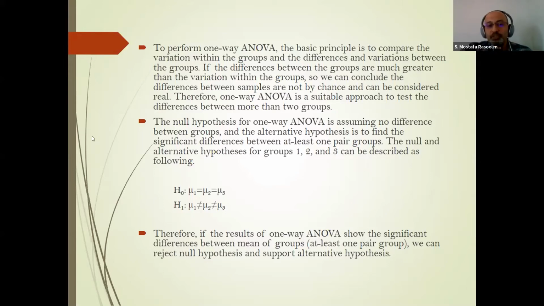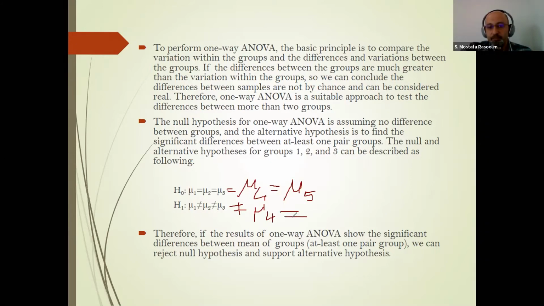Here is for 3 groups. If we have more than 3 groups, this will be equal mu4 equal mu5 if we have 5 groups. And this will be the alternative hypothesis.